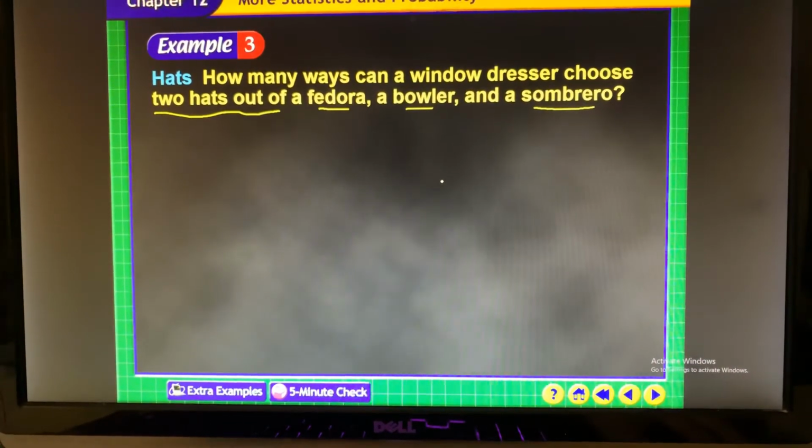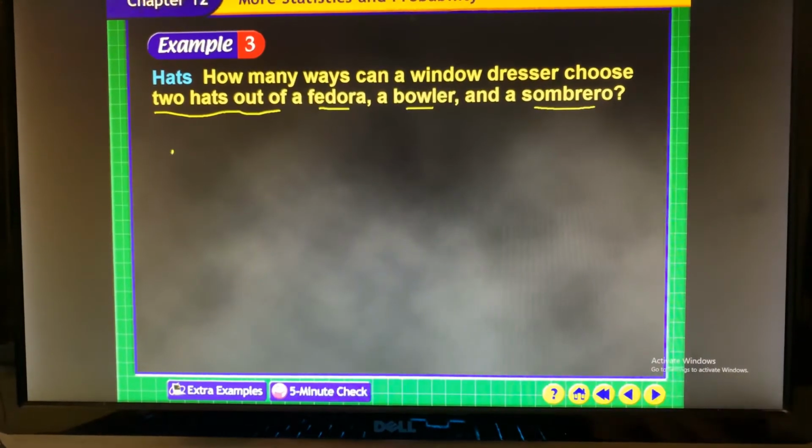I don't care if you choose the bowler first, the fedora first, or the sombrero first. It doesn't matter. If the story said, choose the hats and arrange them in a display case, then it becomes a permutation where the order matters. Because once you put first one in the first spot, the first spot is taken.